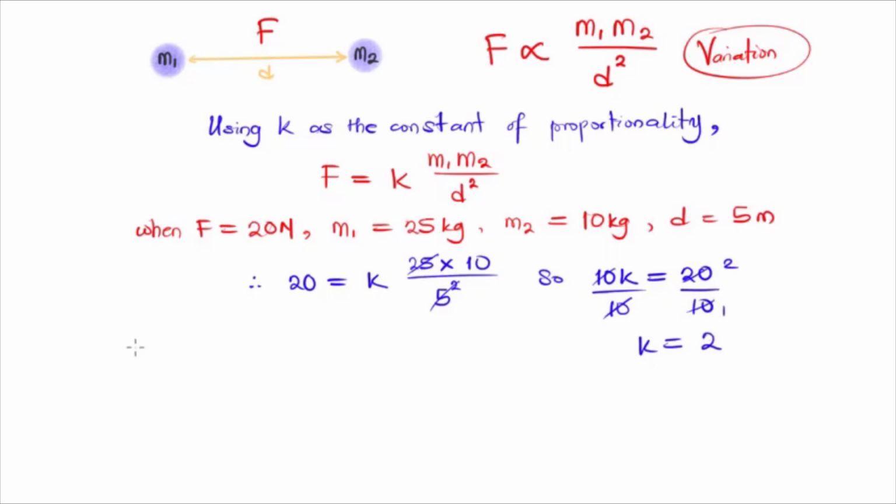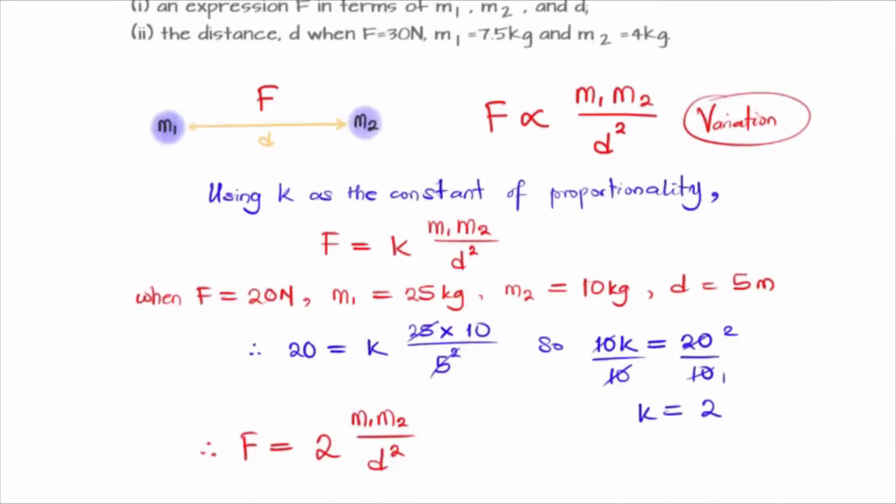So the expression for F in terms of m1, m2, and d is 2 multiplied by m1 m2 over d raised to power 2. That is the expression for F that we're asked to find.